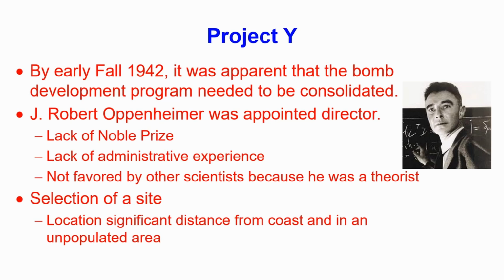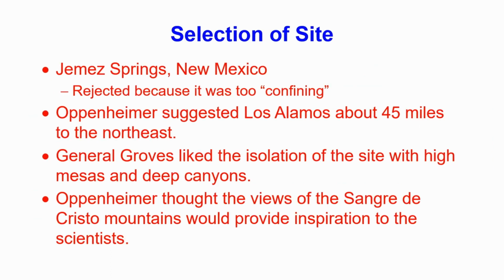And so the first thing was a selection of a site for this new lab, and Groves wanted it to be a military lab. And so it needed to be far from the coast, but it needed to be a place that could be secured and access be monitored.